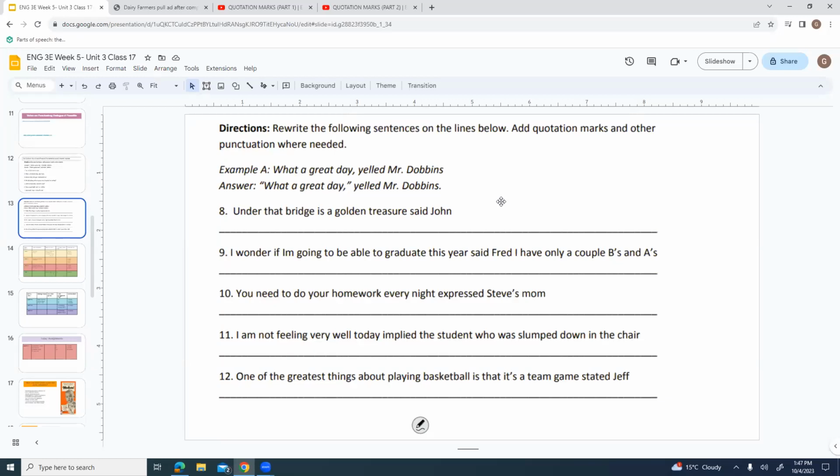Okay, so under the bridge is a golden treasure, said John. So "said John" is my tag. Under the bridge, I'm going to start with my quotations and then say that bridge is a golden treasure.